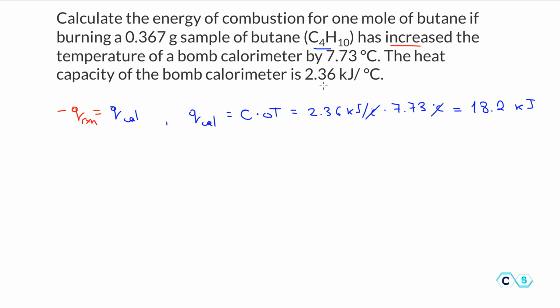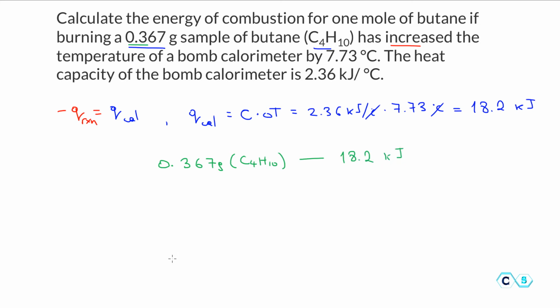Now, what about if we have 1 mole of butane? So how do we compare 1 mole with this number, with the mass? We're going to write down that 0.367 grams of butane, C4H10, is producing 18.2 kilojoules of energy.